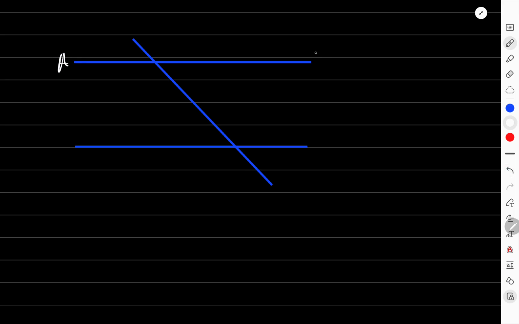I have A, B, C, D, and E, F. I have angle A here, and I have angle B here. I'm given 150 degrees. I'm required to calculate the unknown angle, which in this case is A. How can I find the value of A?